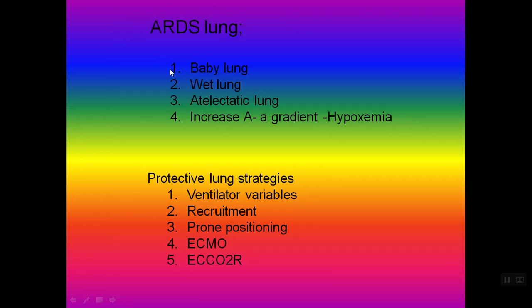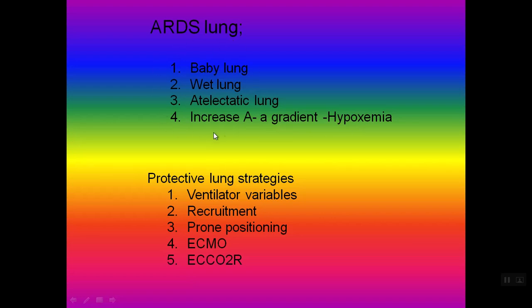This pathology is an ARDS lung, which we describe in the form of baby lung. The aerated area is very small and the rest is obliterated. It is a wet, heavy, atelectatic lung, with increased alveolar-arterial gradient leading to hypoxemia.